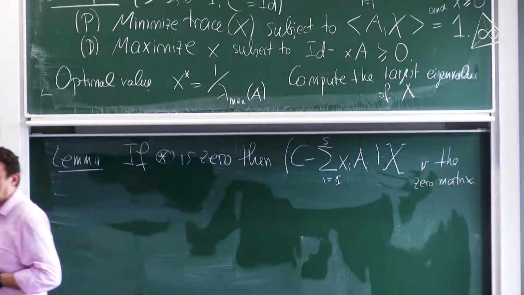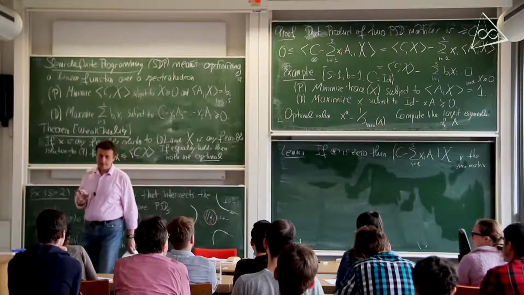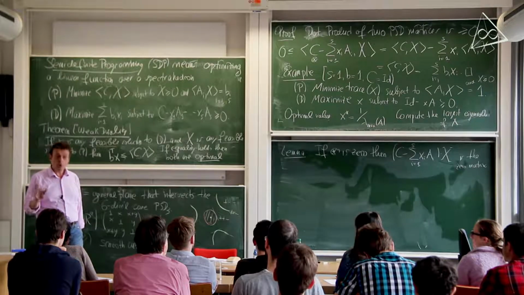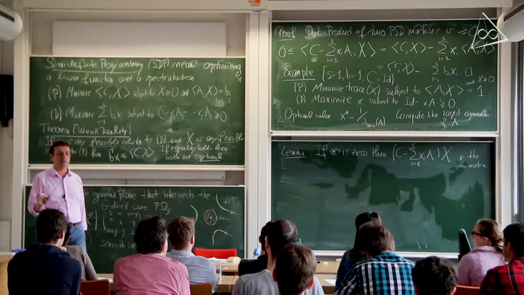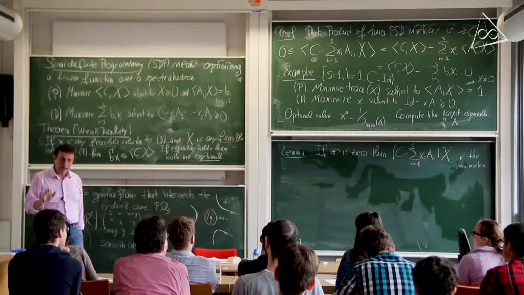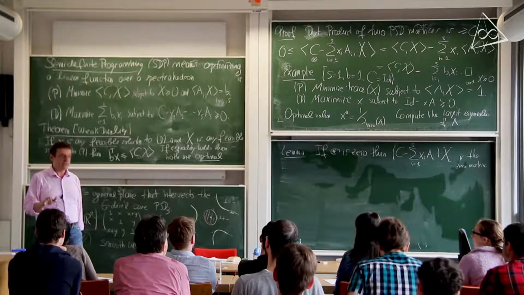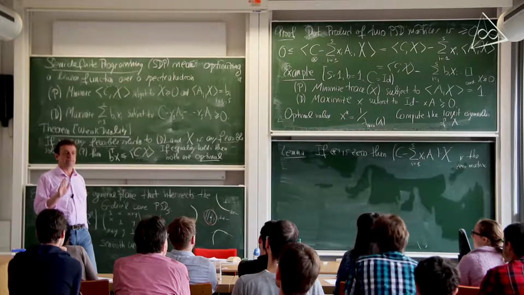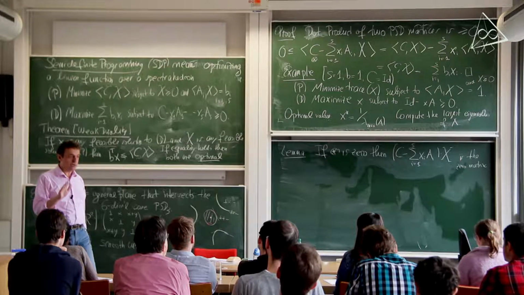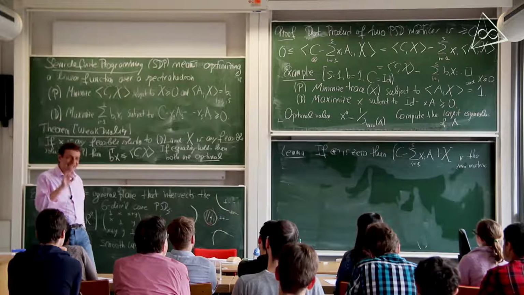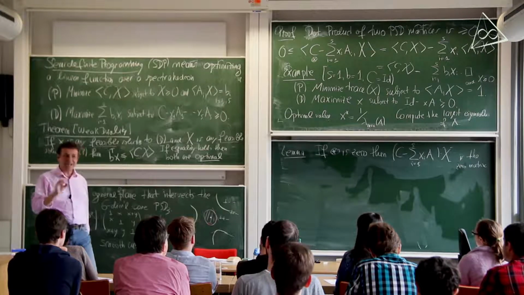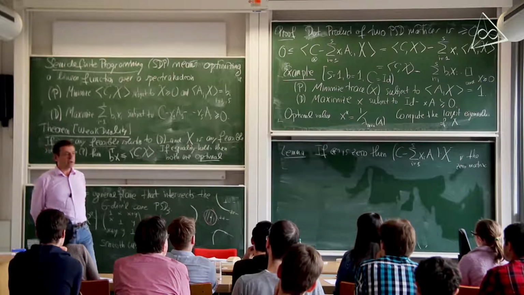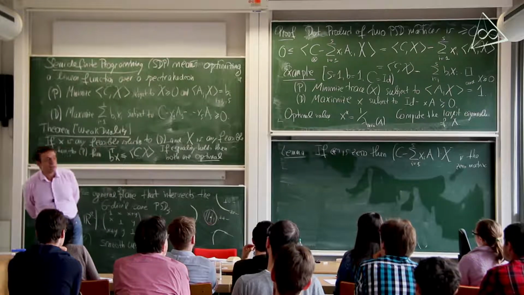I will not prove this, but let me tell you what this means. Again, you have two positive semi-definite matrices. Now we know the inner product is a non-negative number, always. The only way that non-negative number can be 0 is if the product as a matrix is the 0 matrix. That's a very strong statement. This might sound shocking at first, but it's not so bad once you think about diagonal matrices.